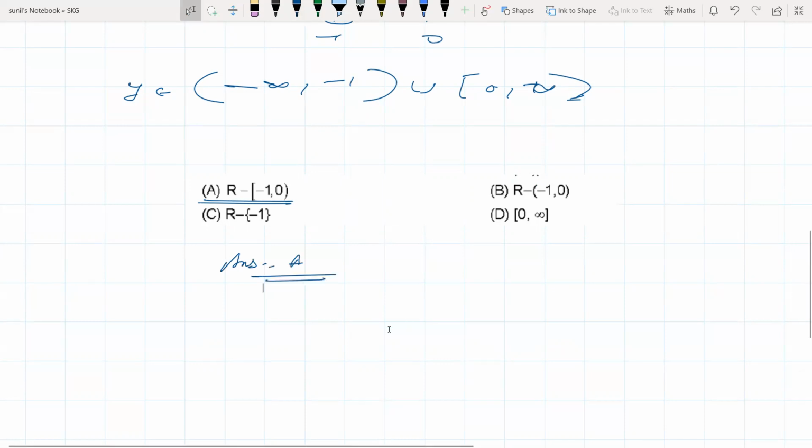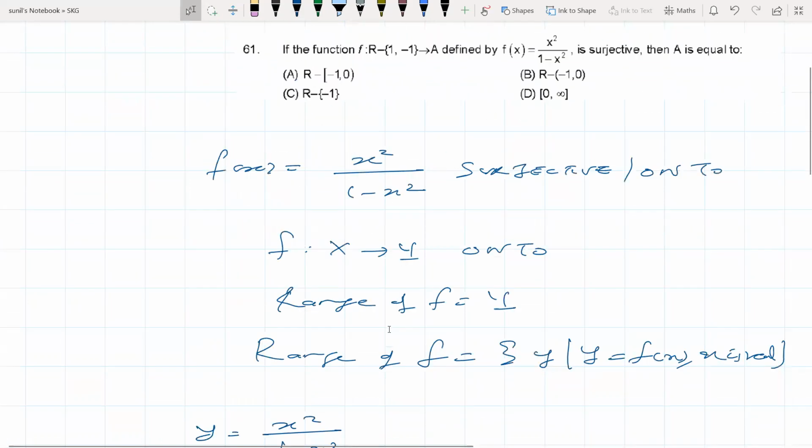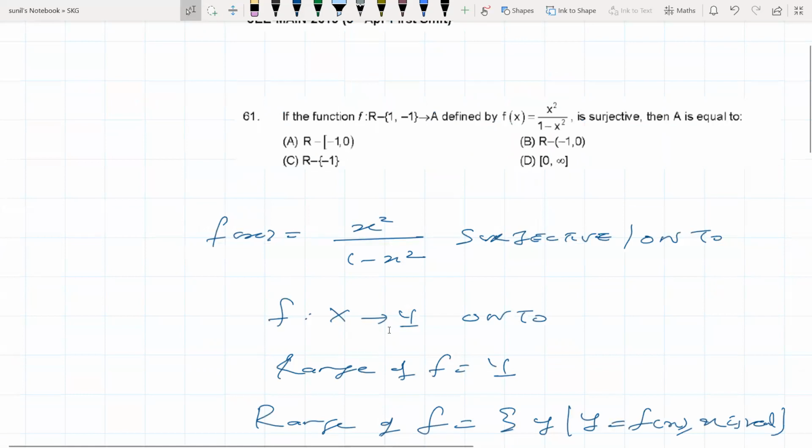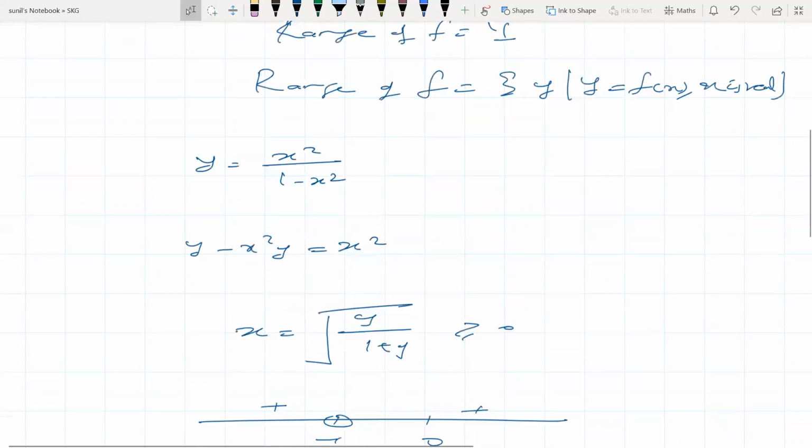So you see, this was the concept. A function is given, f(x) equal to x square dividing by 1 minus x square. This is surjective, meaning it is an onto function. Function is onto, provided the second set should be the range. The range of f is the collection of y such that y equals f(x), provided x is real.